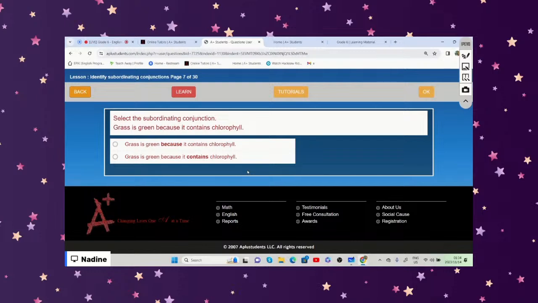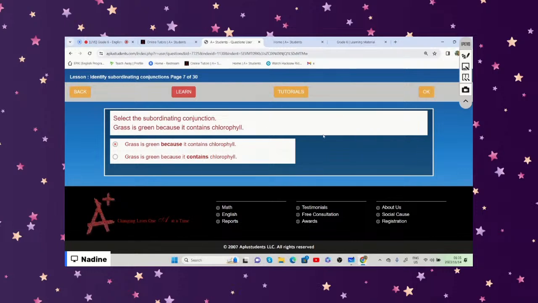So if we select the correct subordinating conjunction, we will say it is because. So grass is green, then a dependent clause starts, because it contains chlorophyll. So because is our subordinating conjunction.